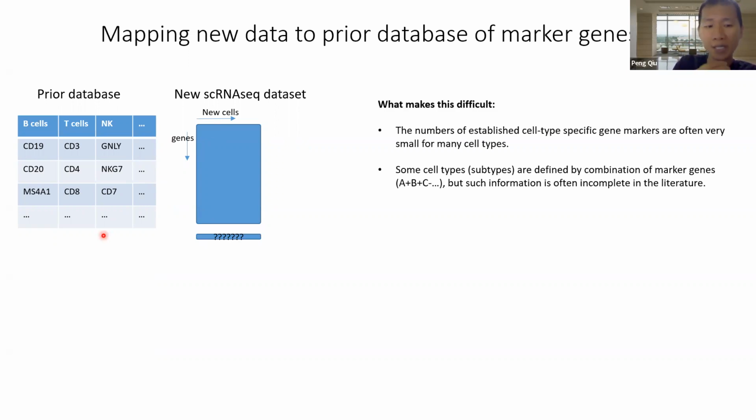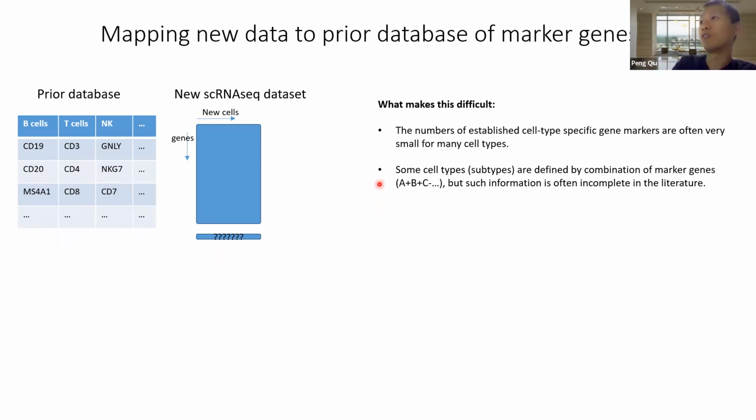One thing that makes this approach difficult to automate is that the number of established cell type specific genes or marker genes is often very small for any given cell type. Because that number is small, and because single-cell RNA-seq data has high sparsity, it is possible that using just the small number of known marker genes is not sufficient to accurately annotate various cell types.